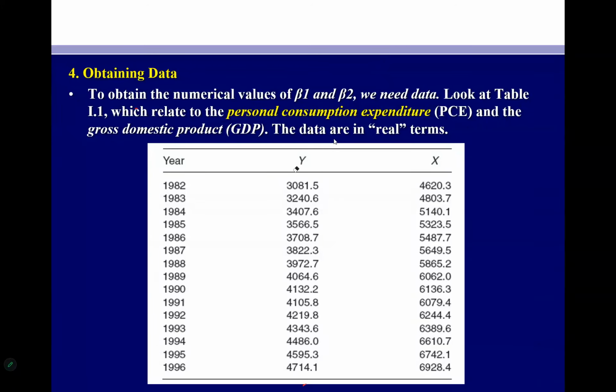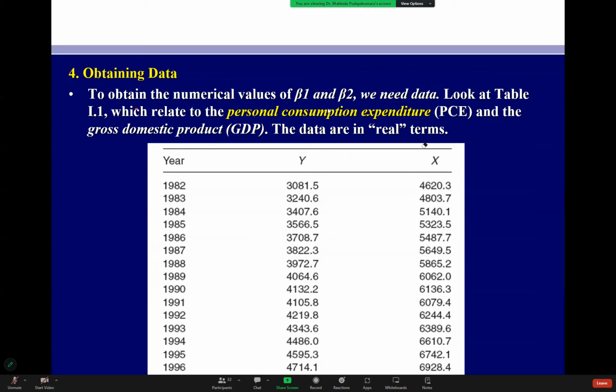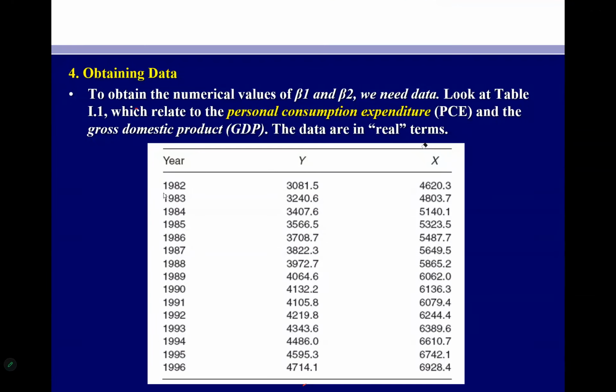But in this example, we have used time series data related to a hypothetical country. The income we consider as GDP, gross domestic product. The consumption is personal consumption expenditure. All the data are in real terms. That means we can have values in nominal value and real value. GDP we can calculate for real value and nominal value.